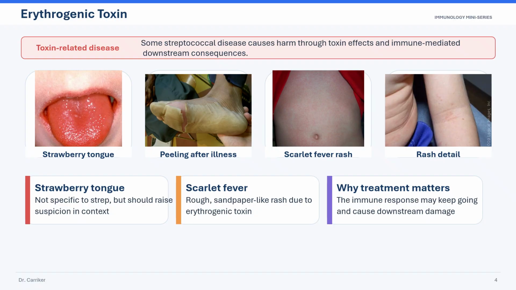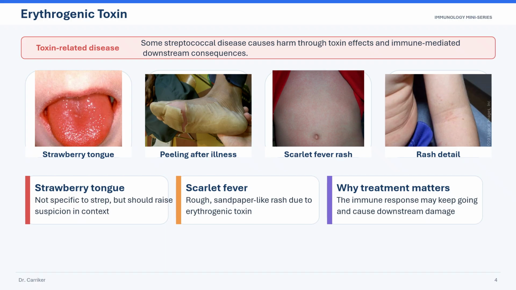We see peeling after illness, the peeling in the hands and the feet, and that image shows how the patient may look after a recent strep-related illness. One concern here is that the immune response can keep going and cause downstream damage. This is why prompt treatment can matter. It's a good place for us to remind ourselves that some infections cause harm, but not only because of the organism itself, but also because of how the body is responding to it.